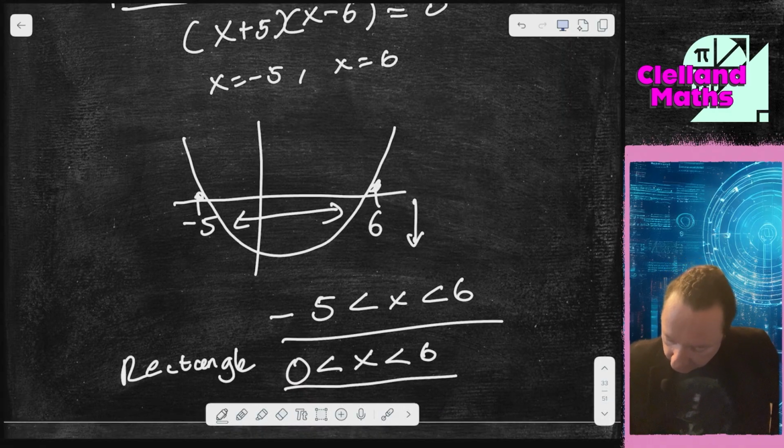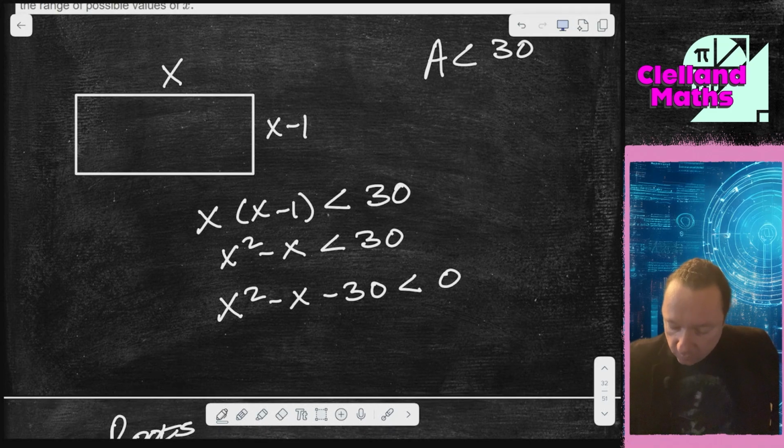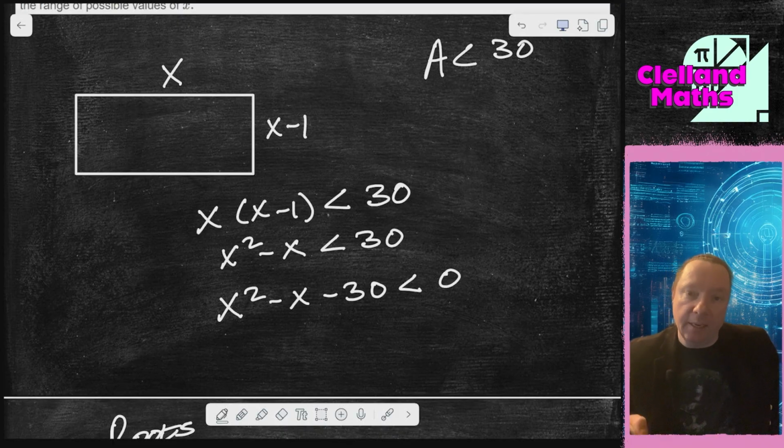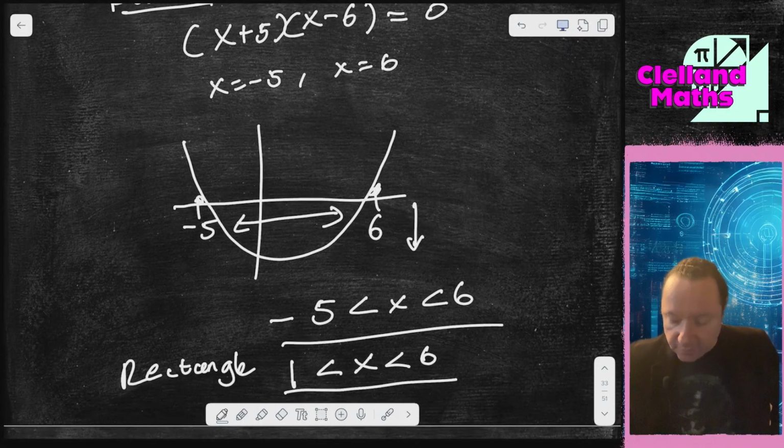So really, it actually goes between 1 and 6, because if you look at that, if x was less than 1, you would get like 0.5. 0.5 minus 1 will give you a negative breadth as well. So it has to be at least 1. So there we are. Our answer is 1 is less than x less than 6.